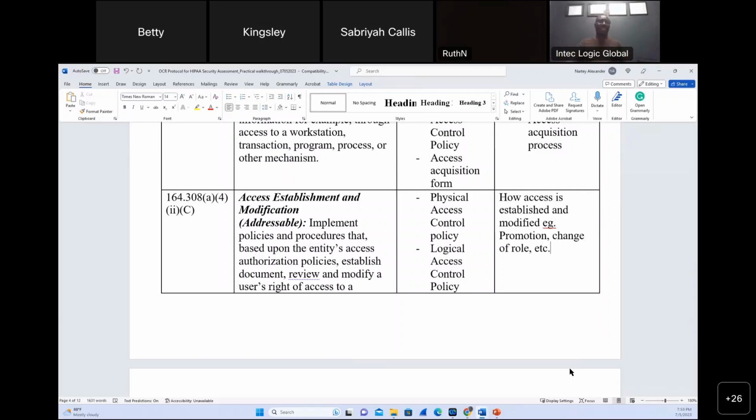There has to be some changes. Maybe initially you used to be the engineer at the data center. Now you've taken on a role as a security analyst. They shouldn't be allowing you to come to the data center anymore because you no longer work with them. So there needs to be some kind of modification to your access.